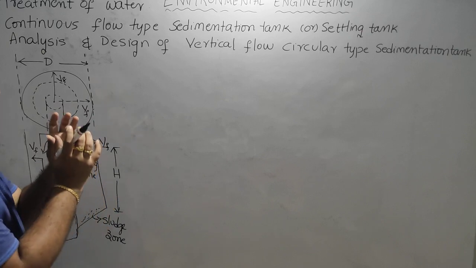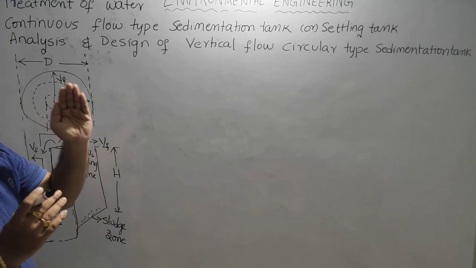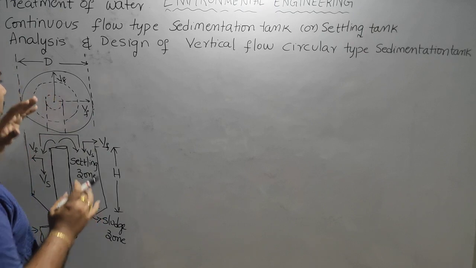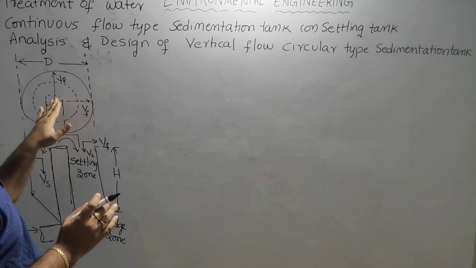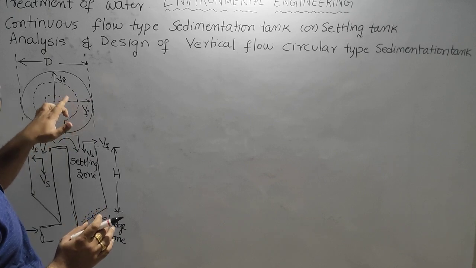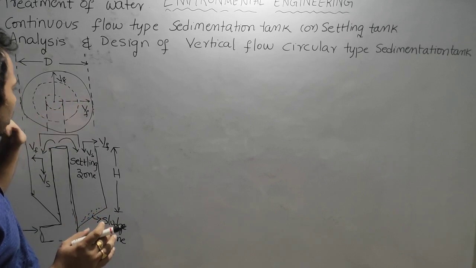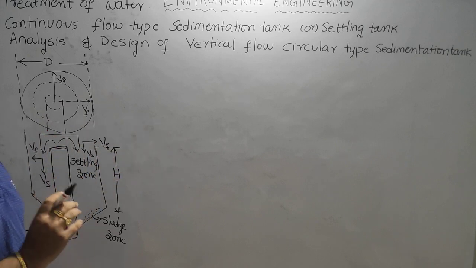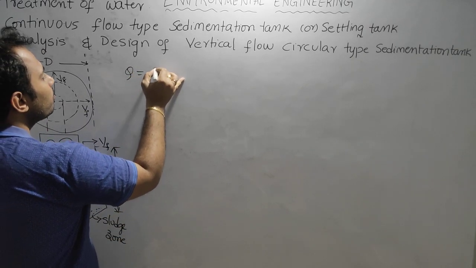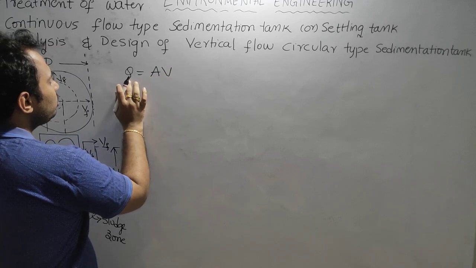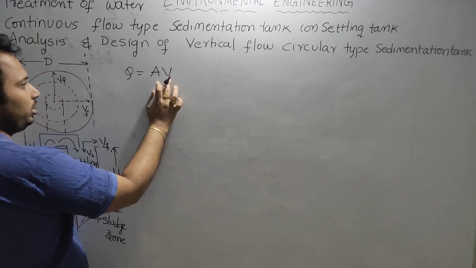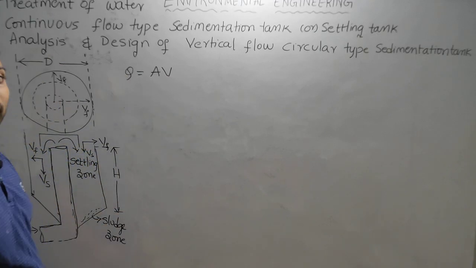When the area of cross section increases, the velocity of flow reduces, because the discharge is constant everywhere. Whatever discharge enters this zone, the same discharge goes on. We know that Q equals AV. If Q is constant and the area increases, the velocity of flow decreases.